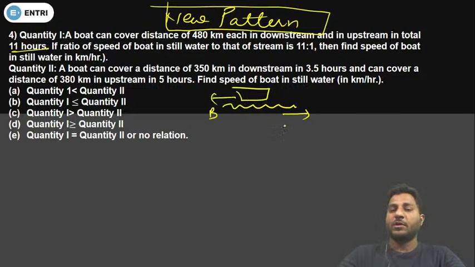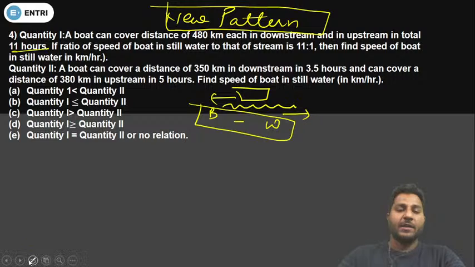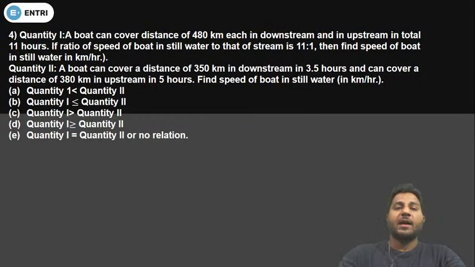That means boat speed will be resisted by water speed. Now what would you do? Quantity 1 and quantity 2 will be compared. How are you going to compare? Who will give me the answer first?